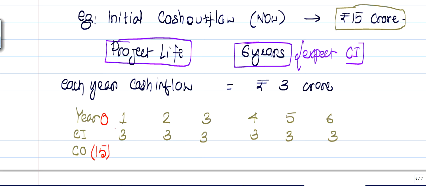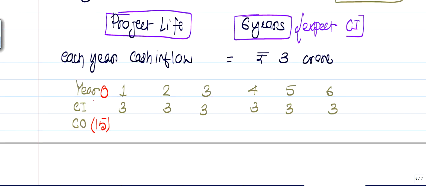You will receive 3 here, then cumulative 6, 9, 12, 15. At the end of the 5th year, your total amount is recovered.